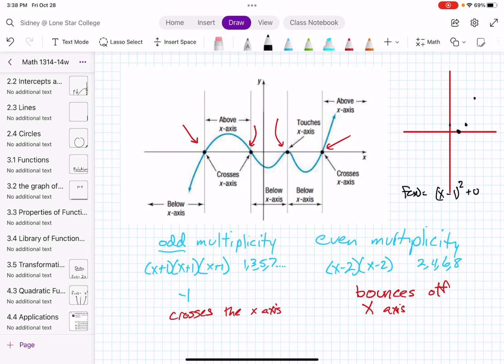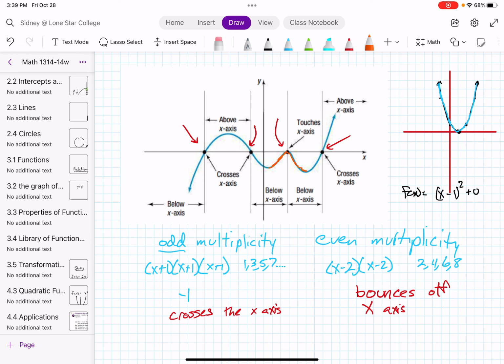And when our vertex is right there, this parabola comes down and touches the x-axis, and it goes back up. So we'll say it bounces. It was above, so coming down, it hits the x-axis, but instead of crossing, it bounces back up. Now, in the context of this other picture here, it's going up, and it bounces and comes back down. So bounces can happen whether you're above the x-axis or below the x-axis.